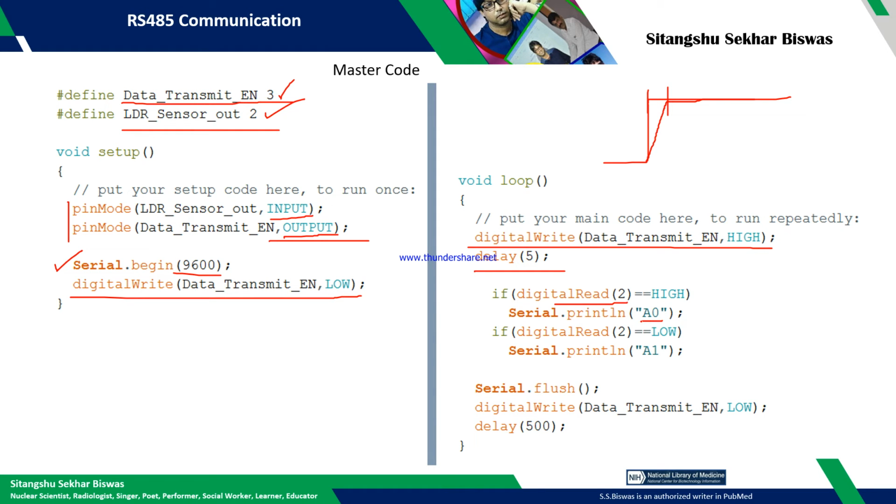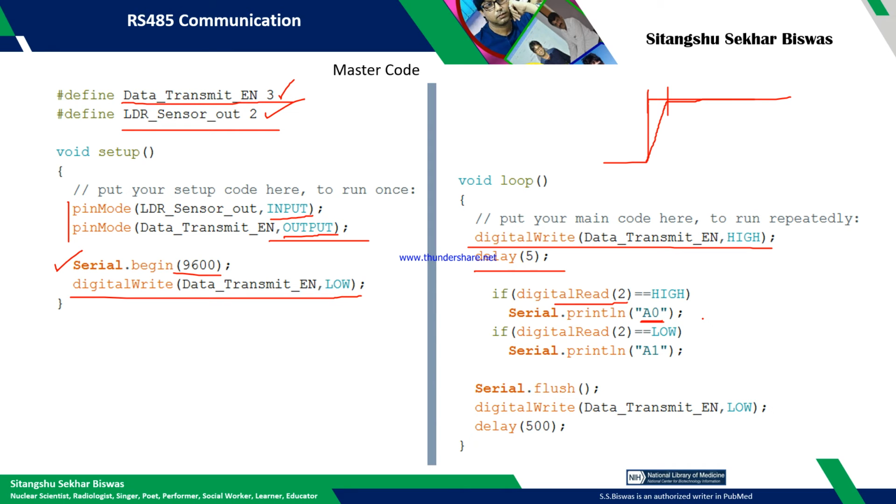Here this addressing is used because finally we are going to implement 4 sensors which will be connected to a host microcontroller, and that host microcontroller will be connected to a laptop, the PC, where we can see the status, whether any object is detected or not in the 4 sensors.